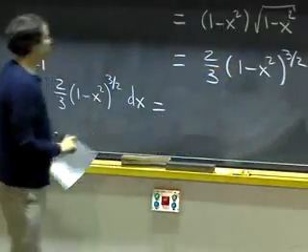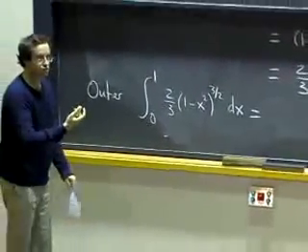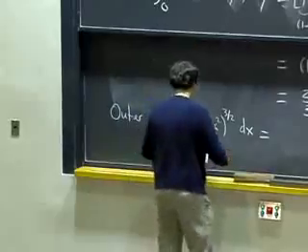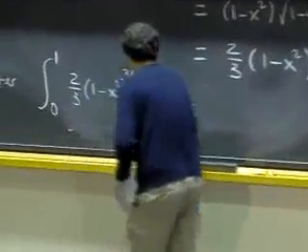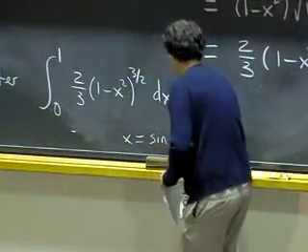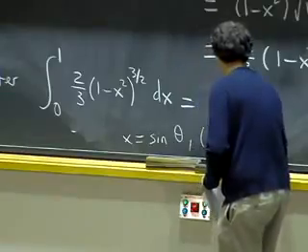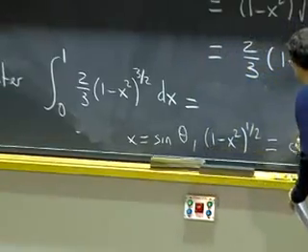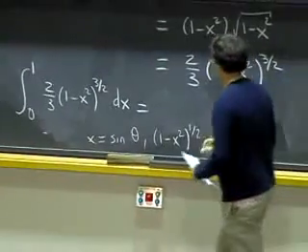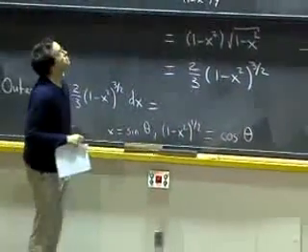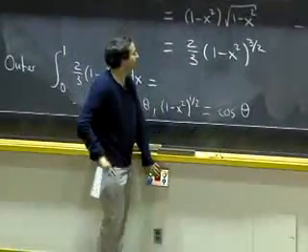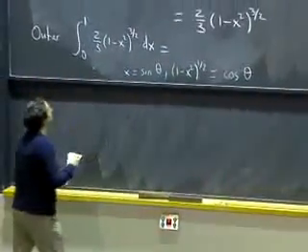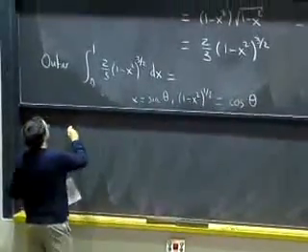So how do we compute this thing? Well, we have to do trig substitution. That's the only way I know to compute an integral like that. So we'll set x equal sine theta, and then square root of 1 minus x squared will be cosine theta. We're using sine squared plus cosine squared equals 1.